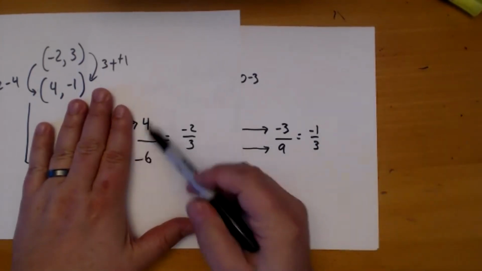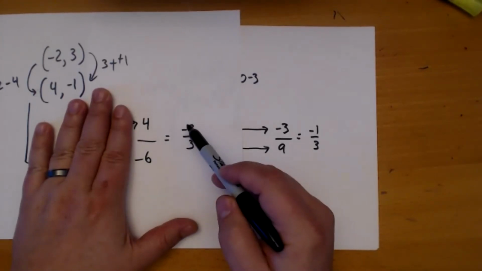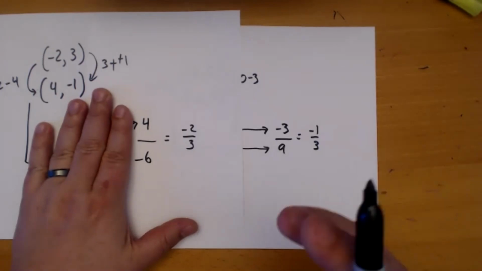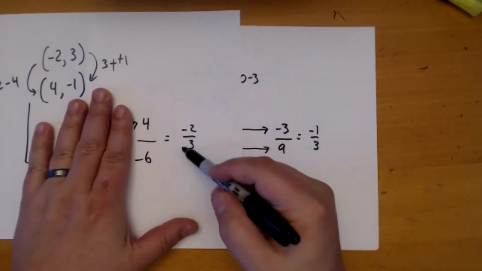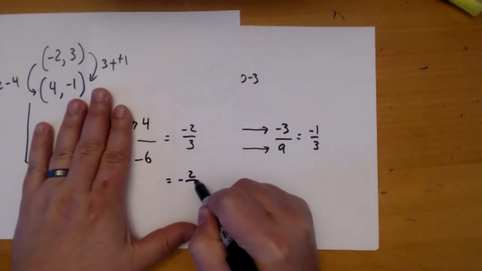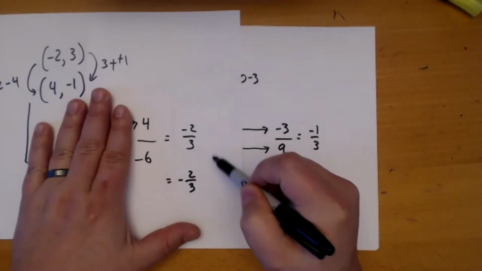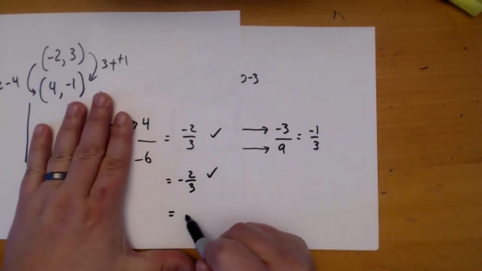Now here, when we did this problem, the negative was down here, and when I reduced the fraction, I put the negative up top. If there's only one negative number, we put it up top, or we can put it out in front. These two are okay. This is not what people like to see.